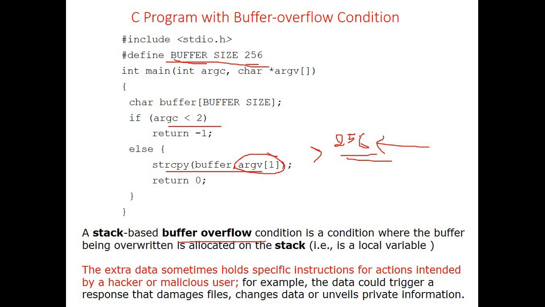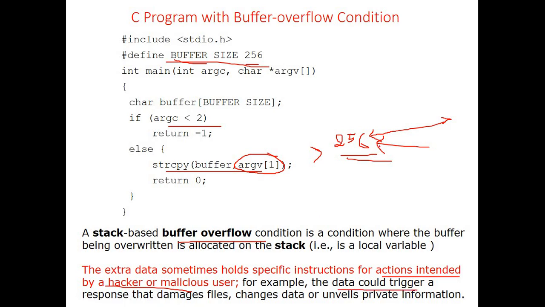So what is that extra information after 256 characters? It may be information that is intended by the attacker or malicious user. The data could trigger a response that damages the file.